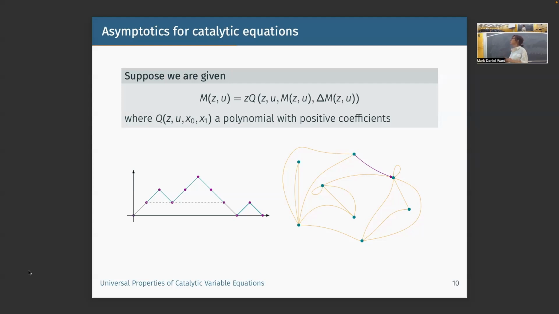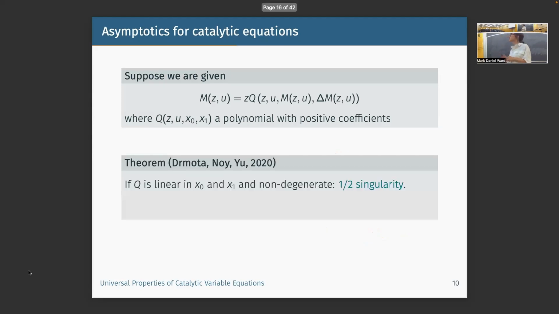It can also be an analytic function in the variables zu, M(z,u), and the divided difference of M(z,u). And we've already seen decomposition of Dyck paths, for example, with a catalytic variable. And we know, of course, that Dyck paths, we've just seen the example before, have this characteristic exponent minus 3/2, while maps have minus 5/2. So just the appearance of a catalytic variable does not necessarily give us this characteristic exponent.